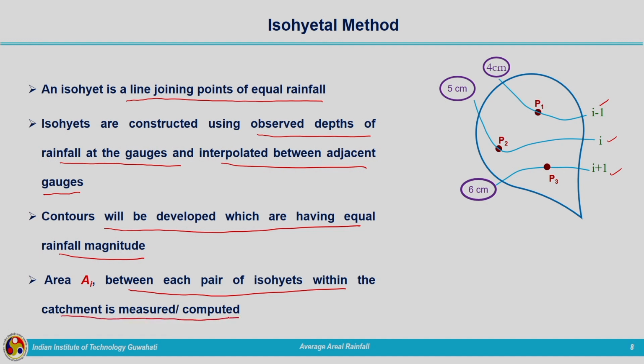That area is measured or computed. We are having different areas between each isoheight like this, A1, A2, A3, A4. Based on the data provided by the rain gauges, we will be connecting the points having equal rainfall depth, and that way we will be producing the isoheights. Between two consecutive isoheights, we will be having a certain area, and that area can be measured.